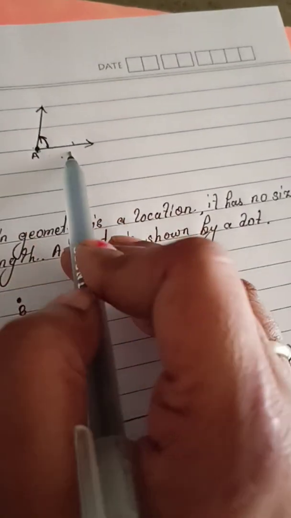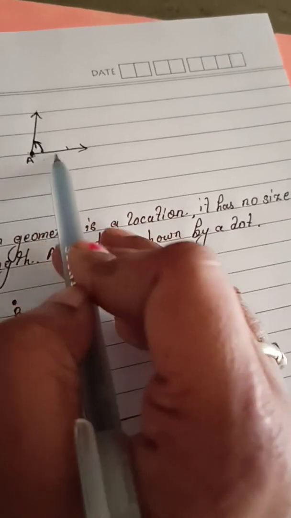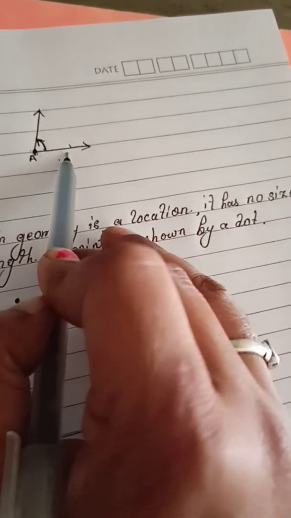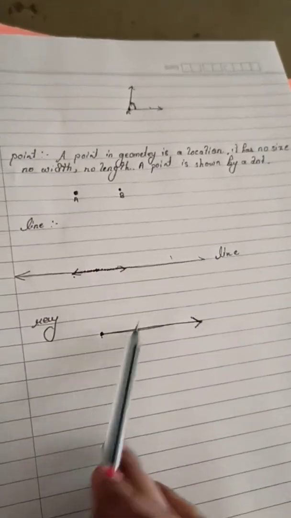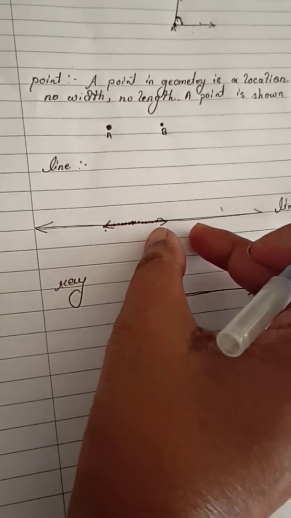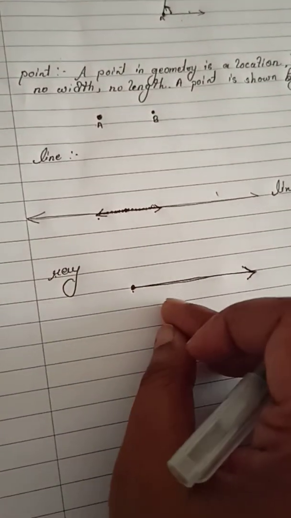So angle is made of two rays. Now we have learned the difference between line and rays: a line can increase in both directions, but a ray will increase in one direction only.